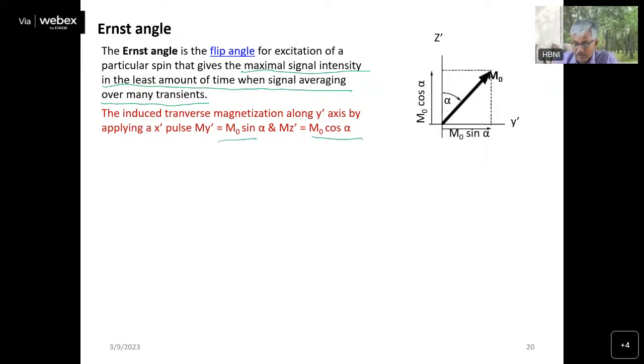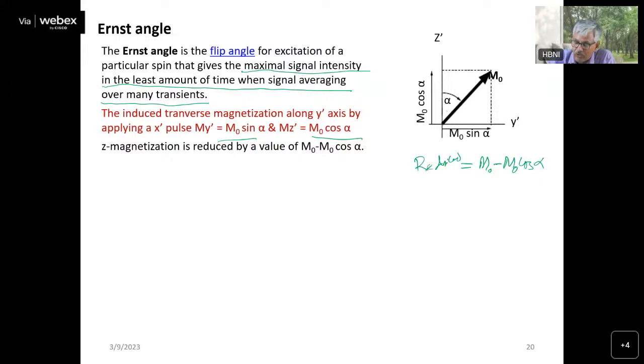Now let us see how much reduction is happening in the Z component. It was normally M0, but after the pulse is given, the value is M0 cos alpha. So this has been reduced.